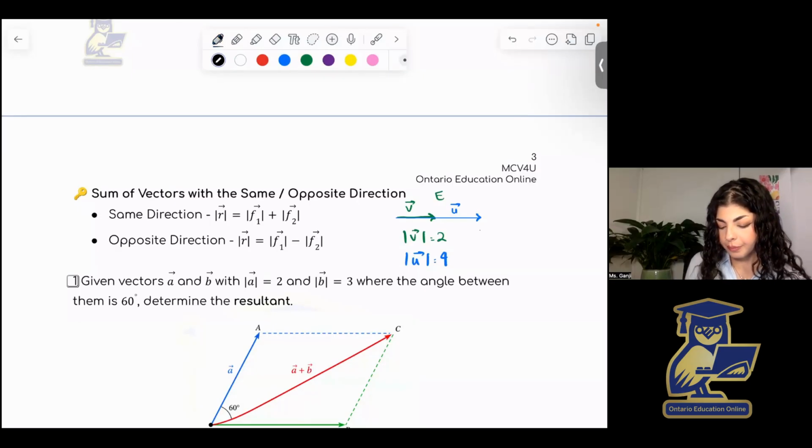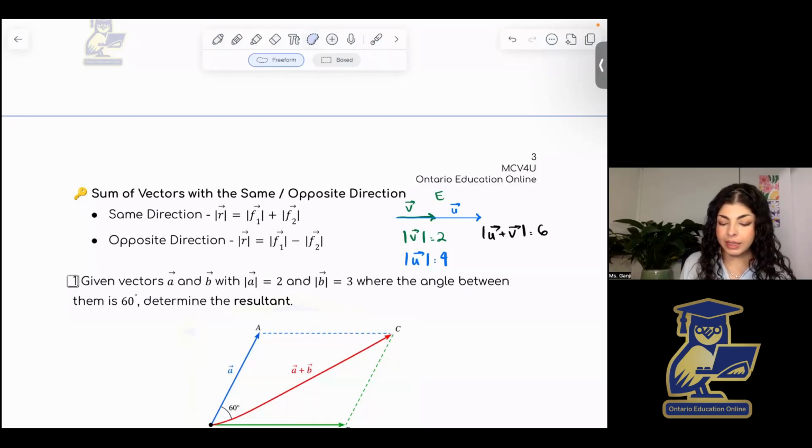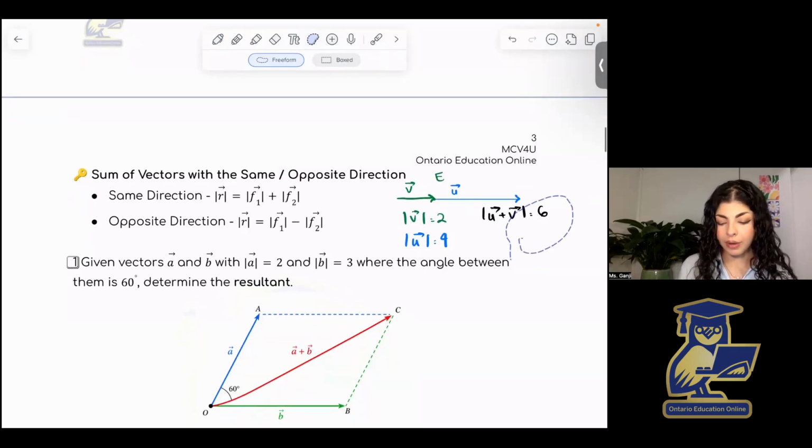Then U plus V is going to be 6 because they're going in the same direction. And in this case, what's really happening is if you combine that force and put U here, then this total is 2 plus 4, and it's 6. So that's where we get that 6 from.